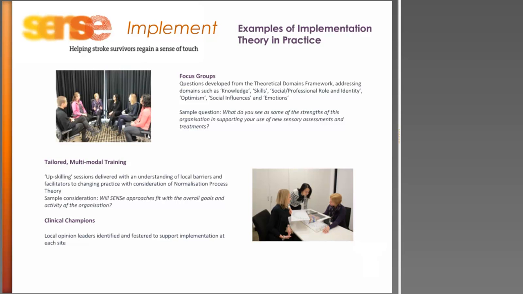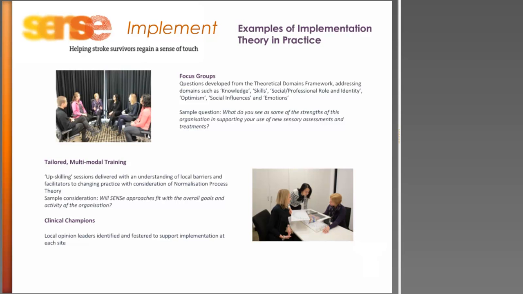And we have looked at which strategies really help moving research to practice, and there have been a few Cochrane reviews that review the effectiveness of different strategies for knowledge translation. Just one example of something we're using is clinical champions.